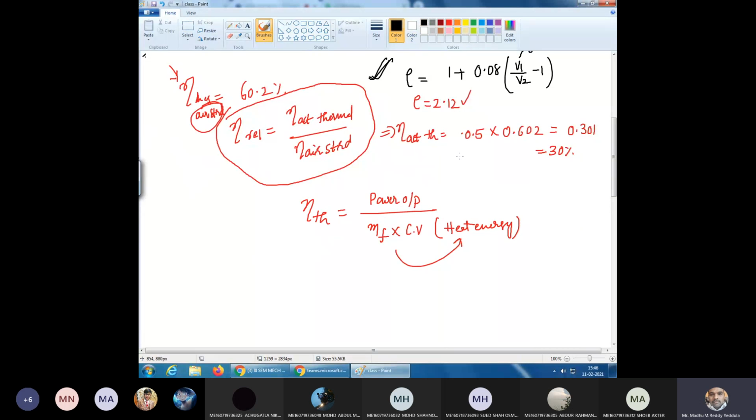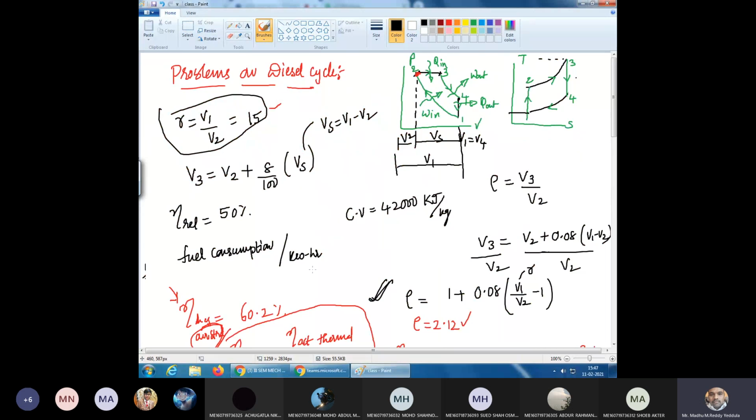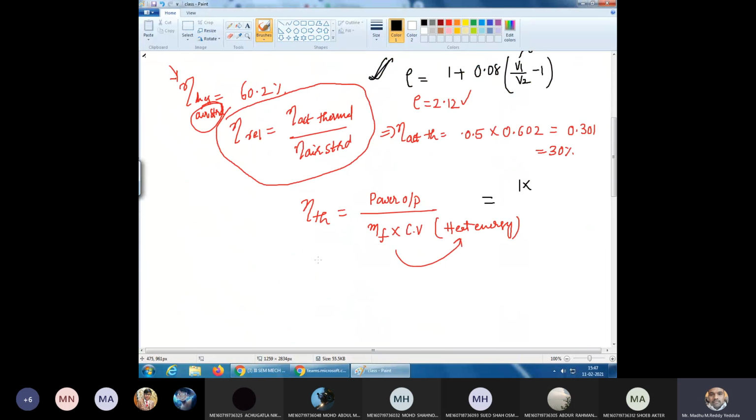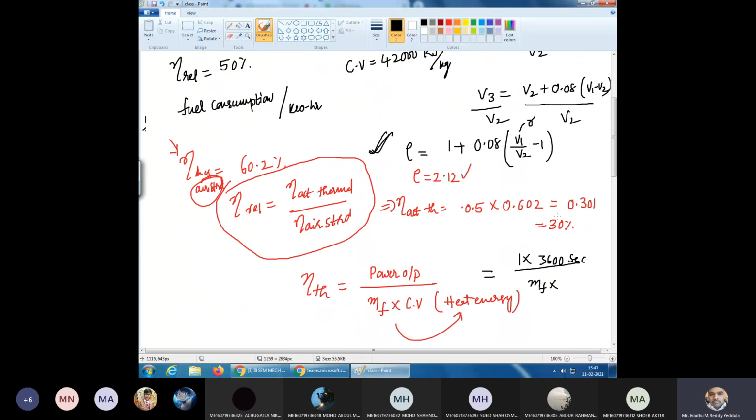So if you substitute here, for fuel consumption per kilowatt hour, he is asking, 1 hour is equal to 3600 seconds, divided by mass of fuel into calorific value, which is given as 42,000 kilojoules per kg.